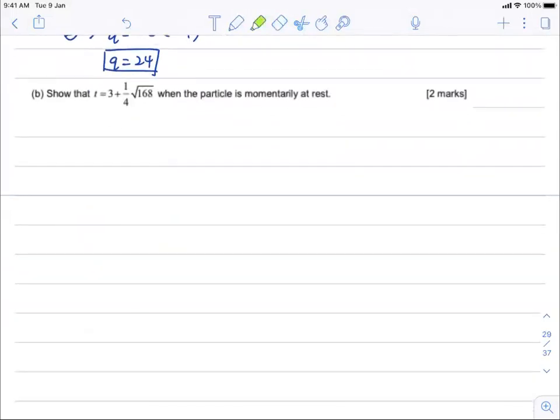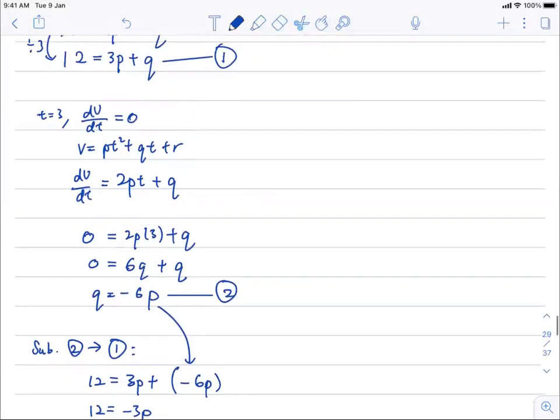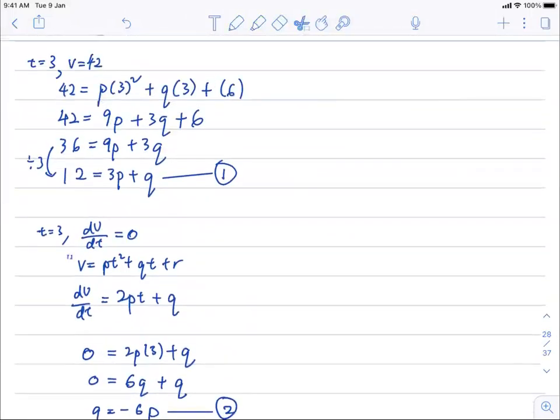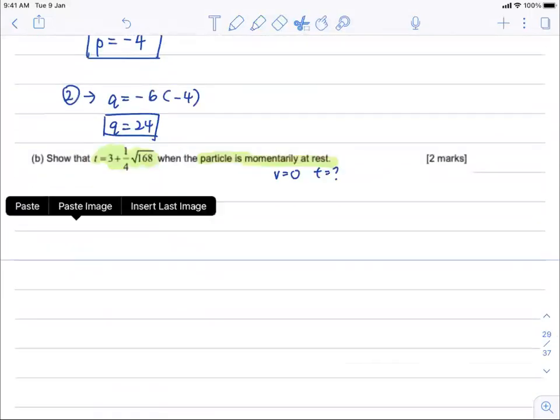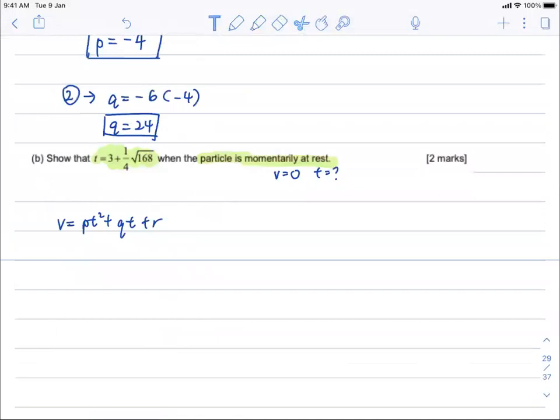So part B tells us the particle is momentarily at rest, which means the velocity is equal to 0, and it asks us to find t. It wants us to show that t is equal to this value. So to find this, we can first write down again our equation here, v equal to pt squared plus qt plus r.